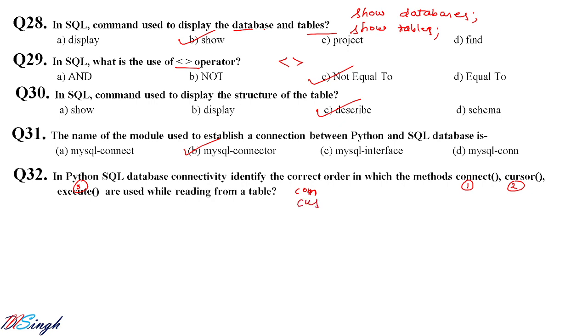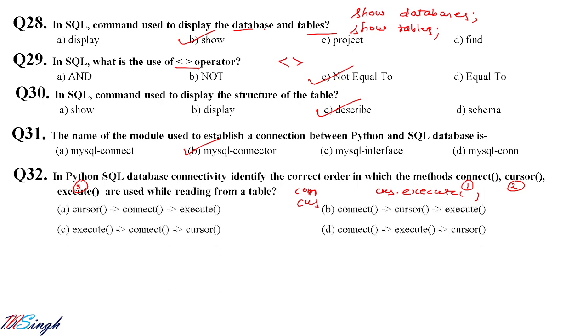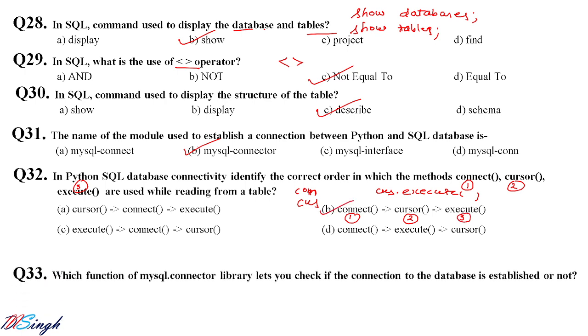And from the cursor object, we call the execute function, which is going to send the query to the database. So first we create our connection, next we create the cursor, and next we call execute. So B option is correct.